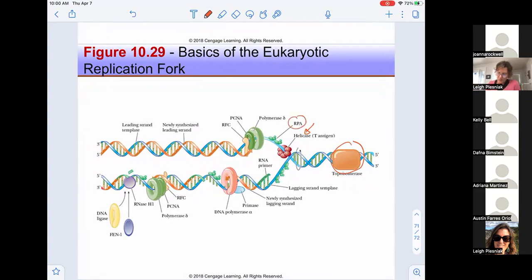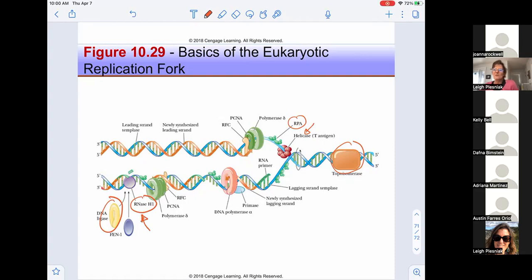RPA is probably similar to SSB in terms of keeping the single-stranded DNA apart and safe. Remember, ligase is the protein that joins Okazaki fragments. RNase H is a protein that removes the RNA primers.